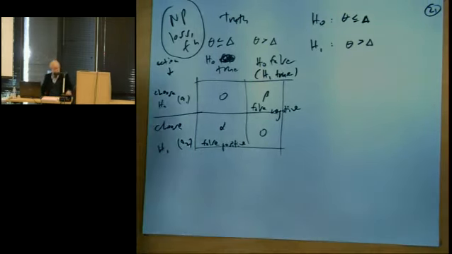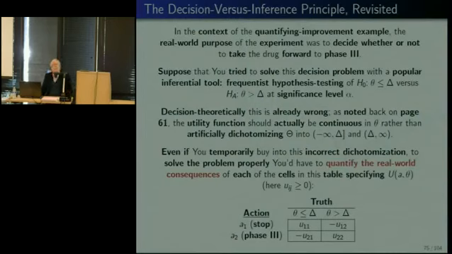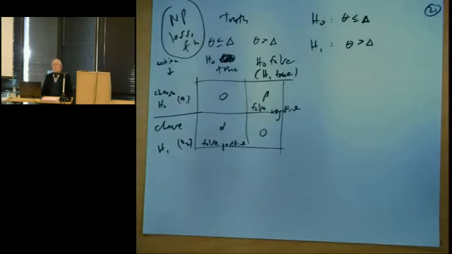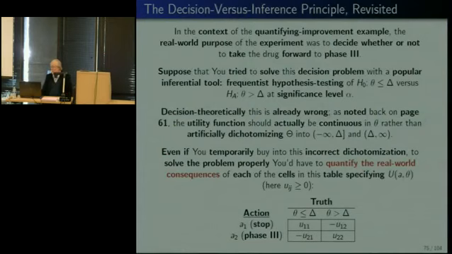Compare that with this table here, where you're required on utility grounds to think about 4 numbers and combine them optimally. And Neyman and Pearson say, no, you only have to think about 2 numbers. Moreover, what scale should those U11, U12, U21, U22 numbers come out on? If you're working on behalf of the company? Dollars.